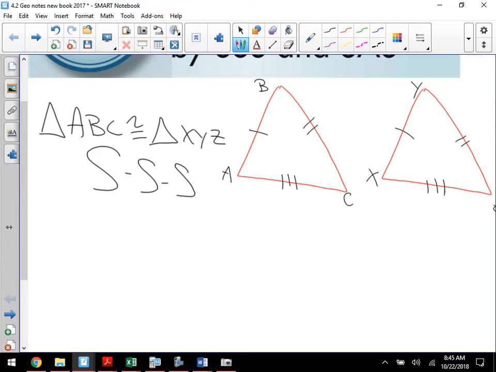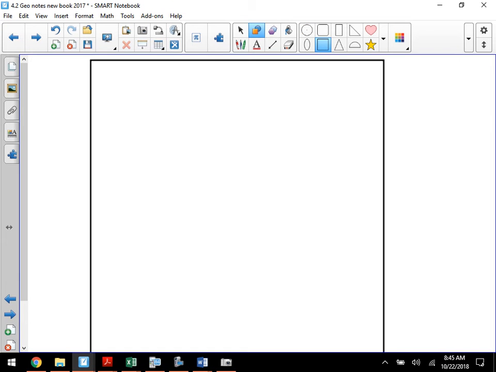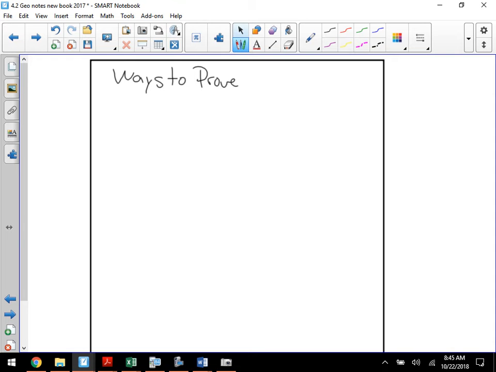So on our progression sheet, I'm going to make a box, and I'm going to call it ways to prove triangles congruent.